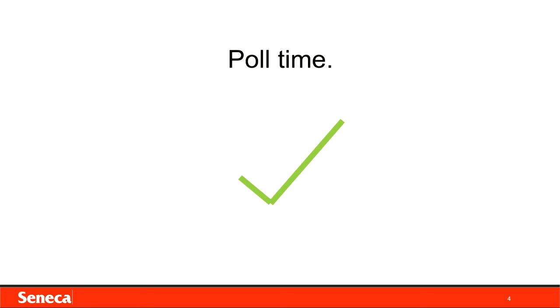I'll give you 10 more seconds, 15 more seconds to go ahead and give us a response, and then we'll reveal the results. Okay, there we go. One more second or two. If you haven't responded yet, go ahead and click one of the options. And Alex, when you're ready, could you reveal the results to the poll?